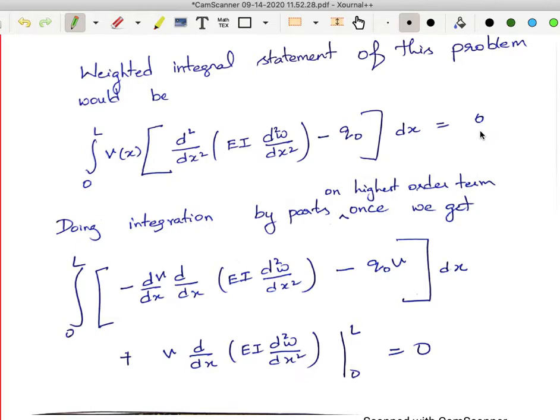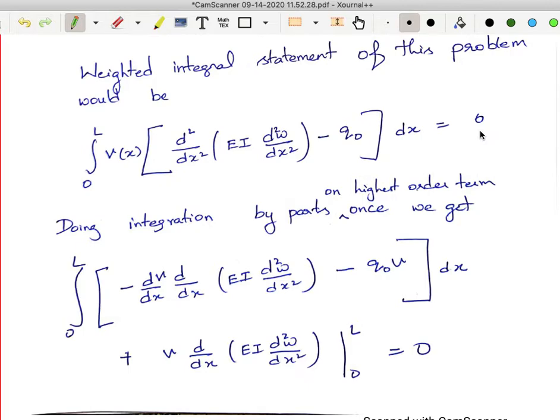Then in order to get the weak form, we have to do integration by parts. Now, what is the order of derivative on the weight function in the weighted integral statement currently? Zero.